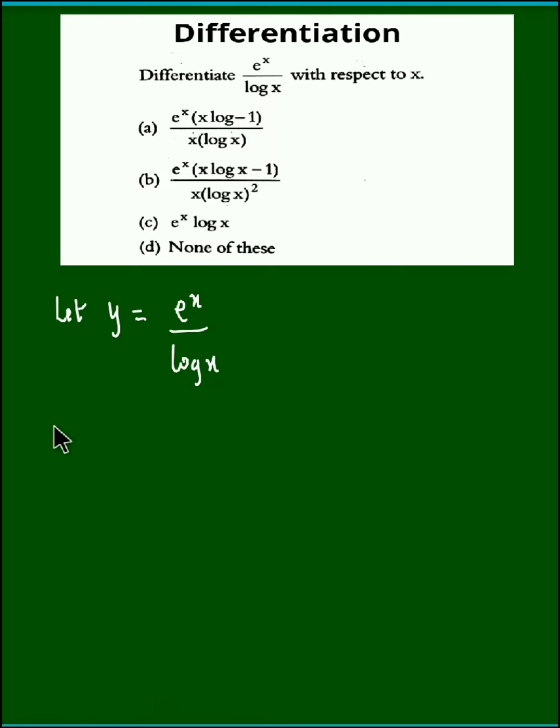So if we differentiate with respect to x, we obtain the derivative as dy by dx is equal to, now here we have to apply the division rule or the quotient rule, that is u by v.